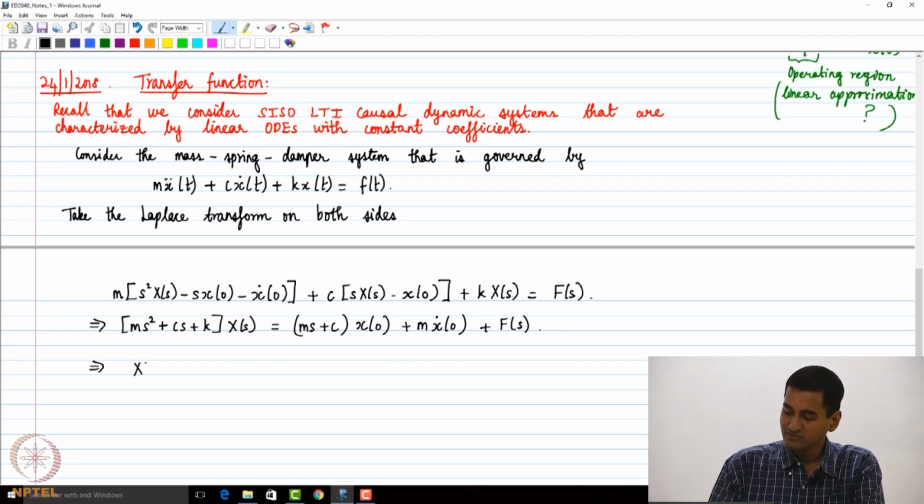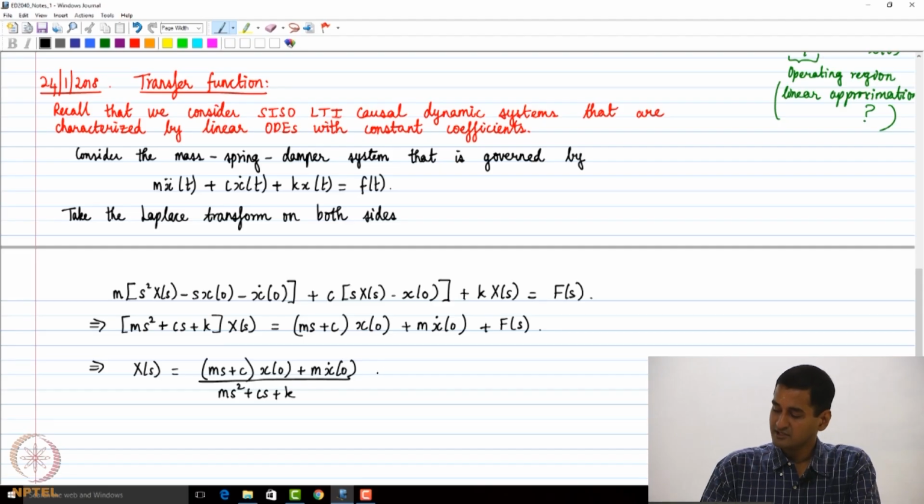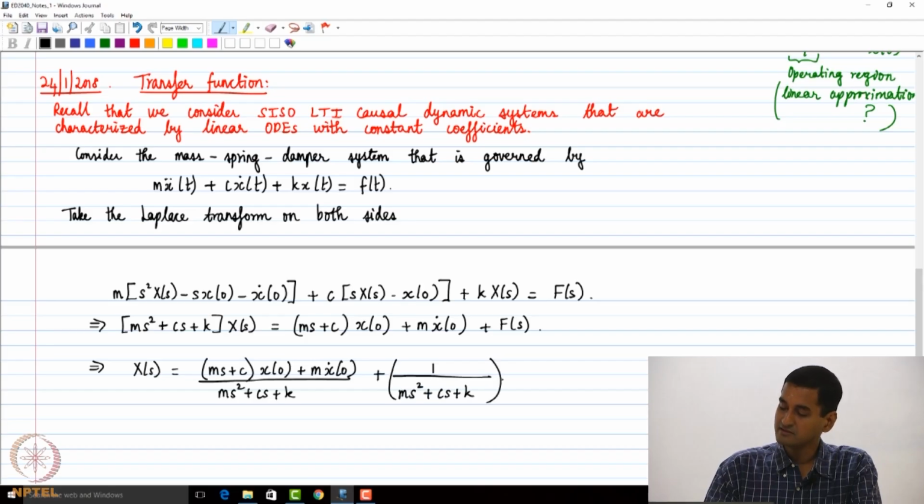So that's what we are going to have. So if I now divide both sides by ms squared plus cs plus k, what I am going to get is the following. So ms plus c x0, right, plus m x dot 0 divided by ms squared plus cs plus k plus 1 divided by ms squared plus cs plus k multiplying f of s, correct?